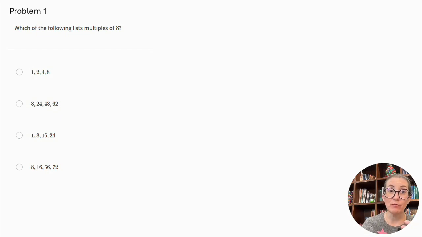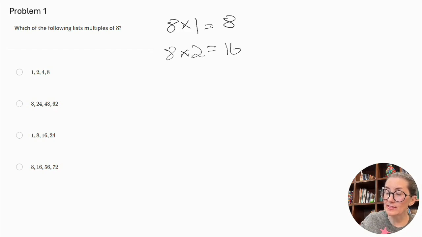So in the case of multiples of 8, it has to be 8 times 1. So the lowest one can be 8. 8 times 2 equals 16, etc. So anything with 1 cannot be the correct answer. So we can eliminate both of those.